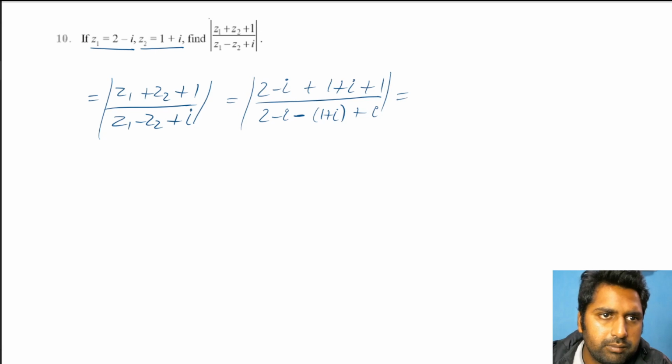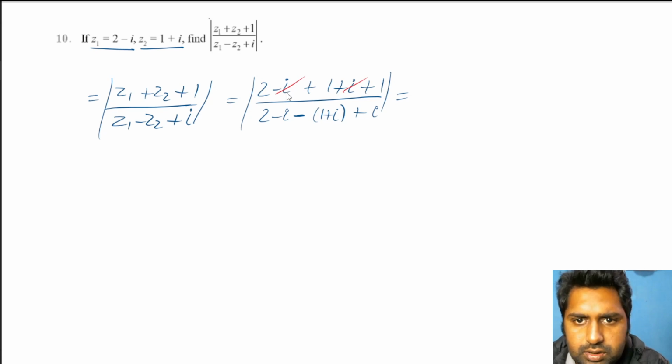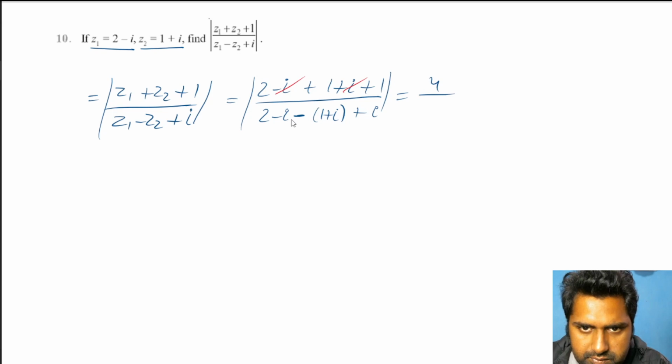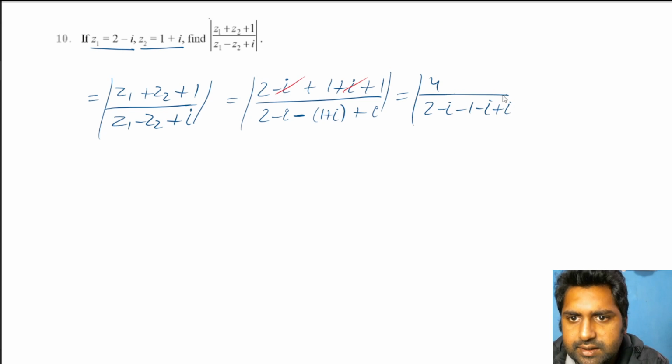Numerator will become, this will cancel, and denominator will have to open the bracket first. This will become 2 plus 1 plus 1, 4, and this becomes minus 1 minus iota. Let's open the bracket first. 2 minus iota minus 1 minus iota plus iota, and everything is in modulus.